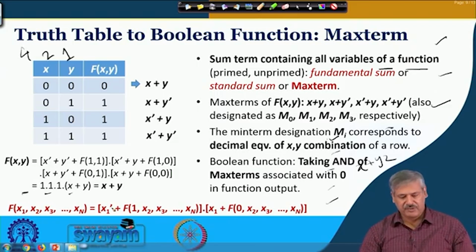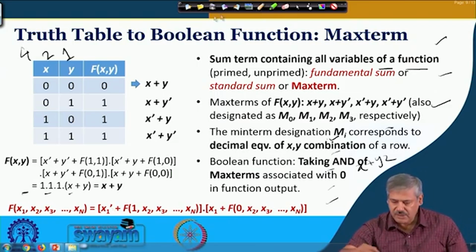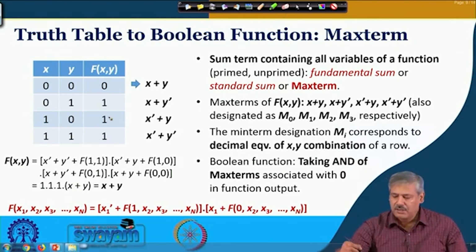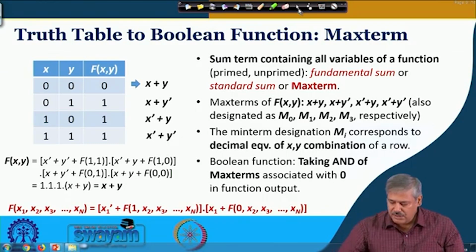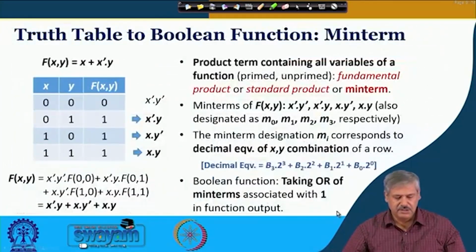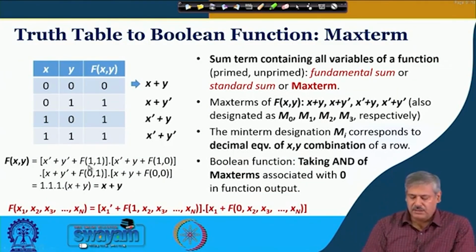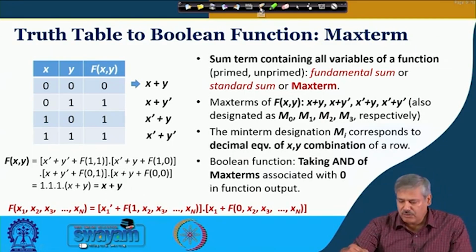So, for this particular truth table, if you keep expanding it, x plus x prime y, right, and then you know all the individual terms and you substitute it over here.